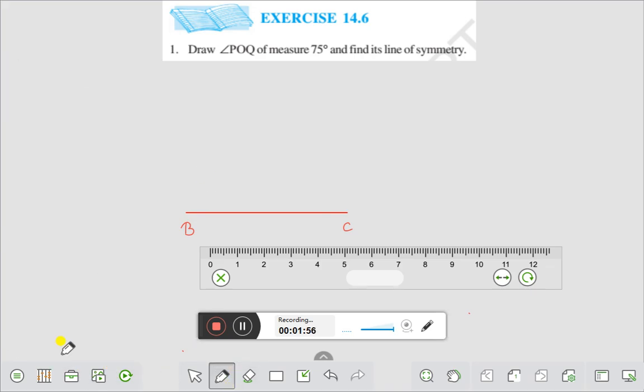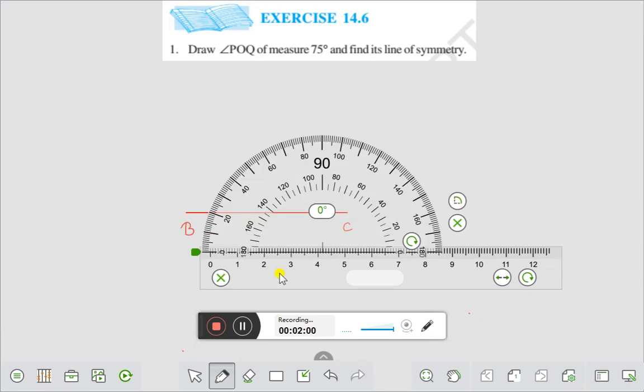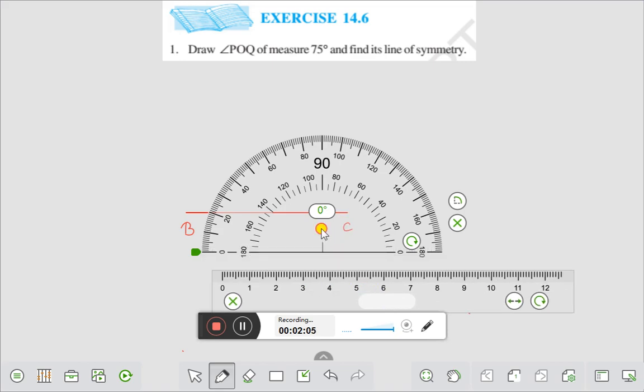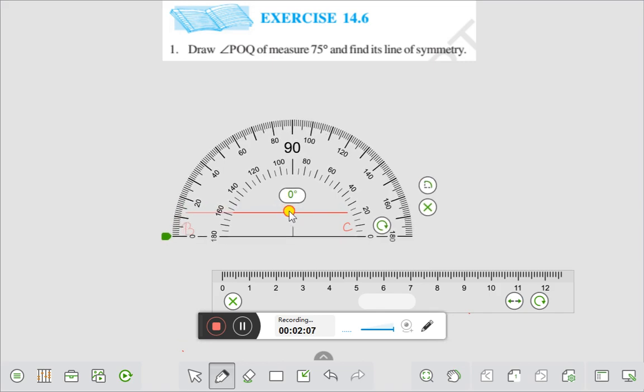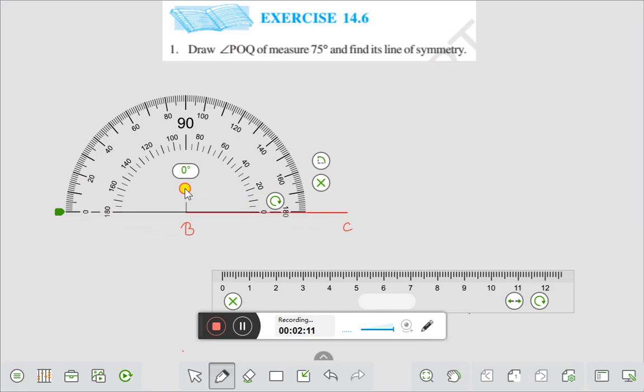Now let us take a protractor. Here we are finding the protractor, right? Now we'll put the center at B here.